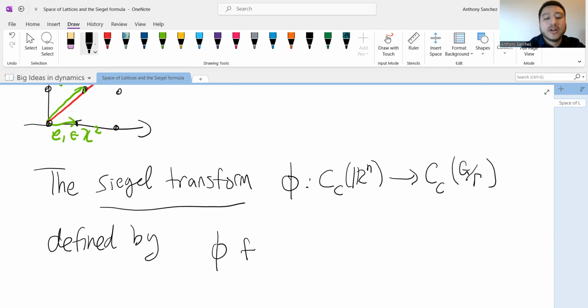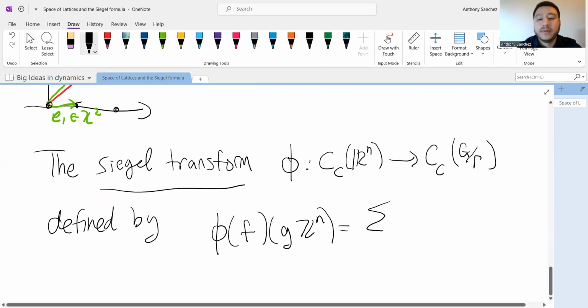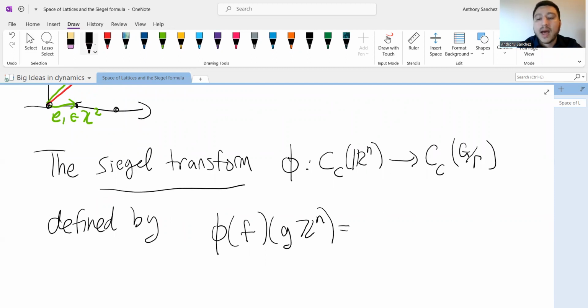If I grab one of these functions, it needs to live on the space of lattices. So let me go ahead and eat a coset or a lattice. It's the same thing. And how do I want to do this? This function is a function on R^n, so I want to eat vectors. Which vectors do I want to eat?